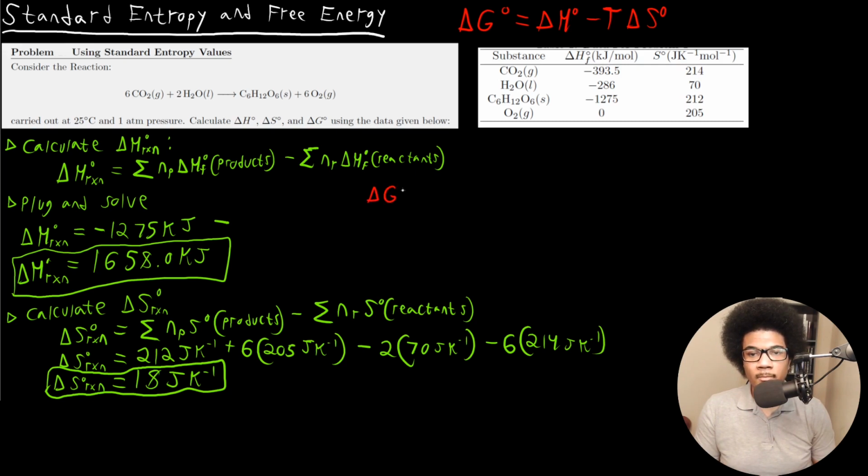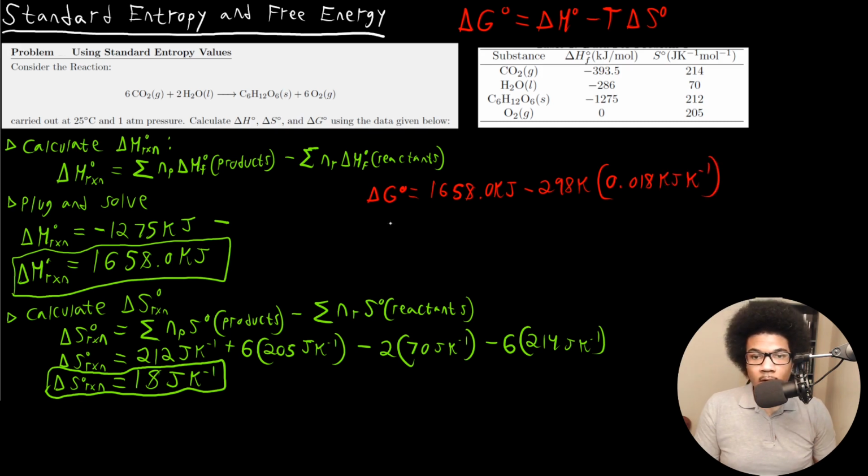So delta G is 1,658 kilojoules minus our temperature, 25 degrees Celsius in Kelvin, that's 298 Kelvin, and our entropy for our reaction, if we convert it to kilojoules, is 0.018 kilojoules per Kelvin. So our free energy for this reaction is going to be 1,652.64 kilojoules.